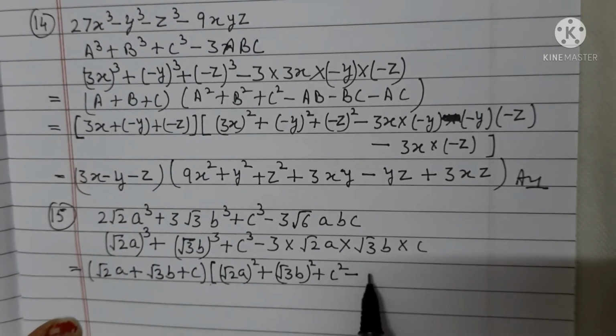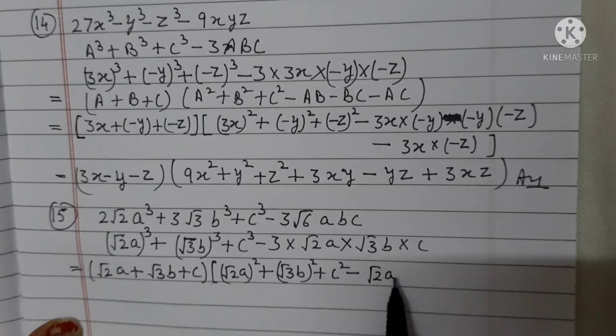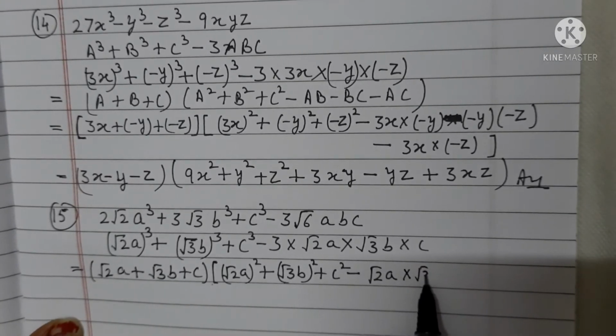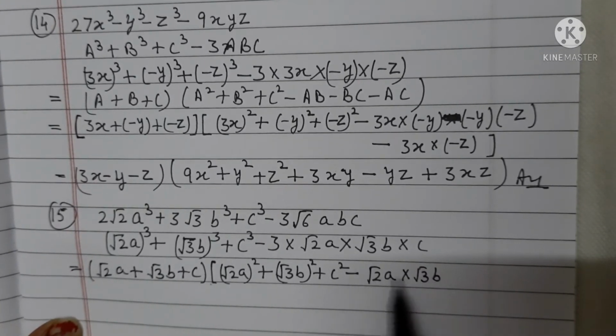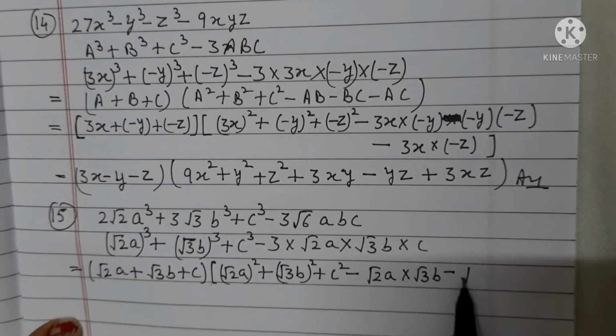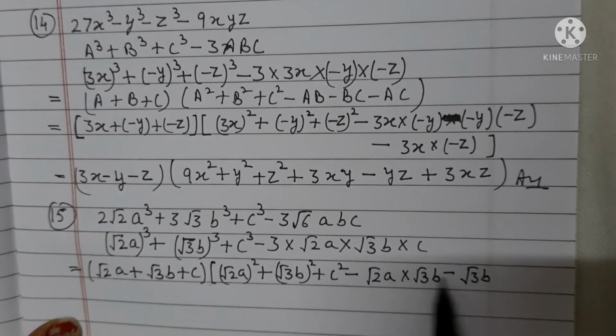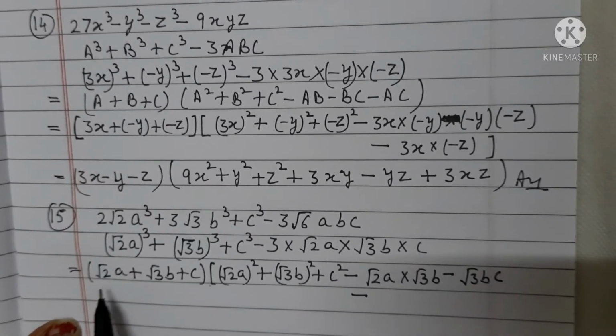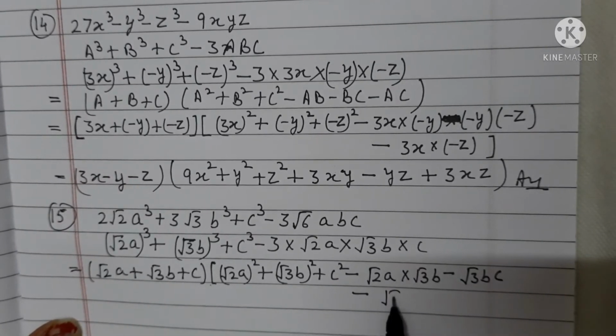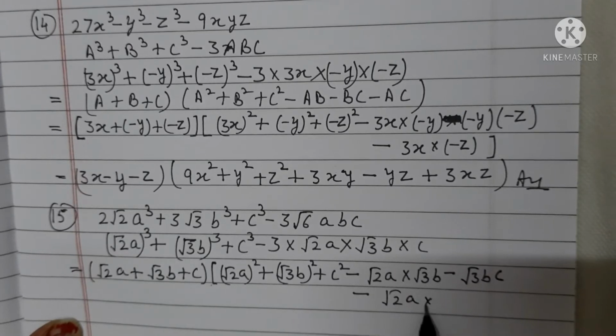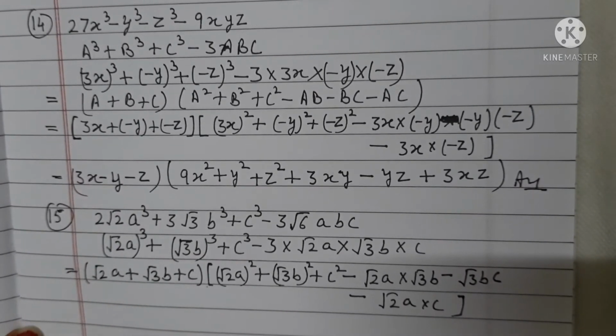Minus ab means minus √2 a into √3 b, minus bc, √3 b into c, minus ac, this is a, this is c, √2 a into c. Now solve it and get the answer.